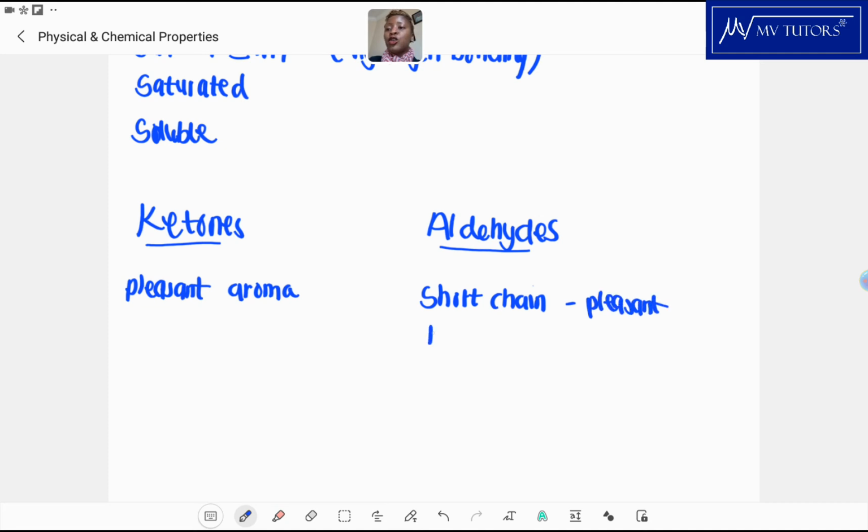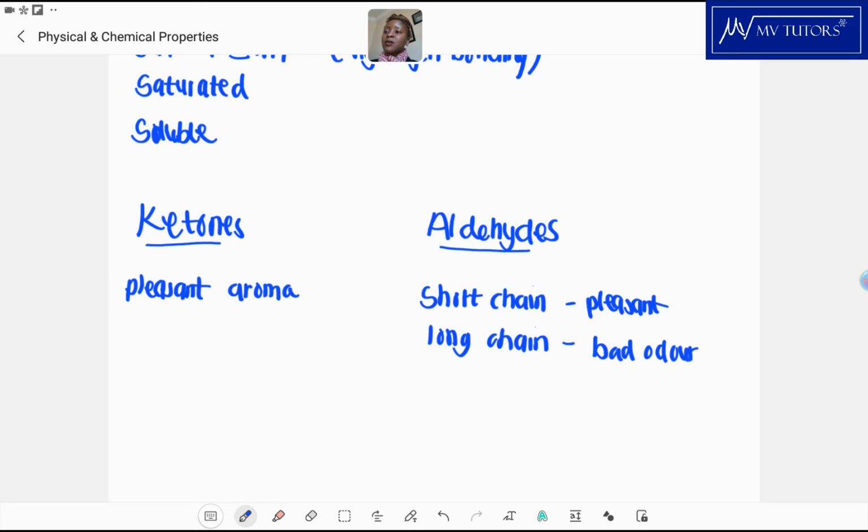But your long-chain aldehydes are not so pleasant. It smells bad, so it's a bad odor. Or rather, an unpleasant smell for the aldehydes if they have long chains.